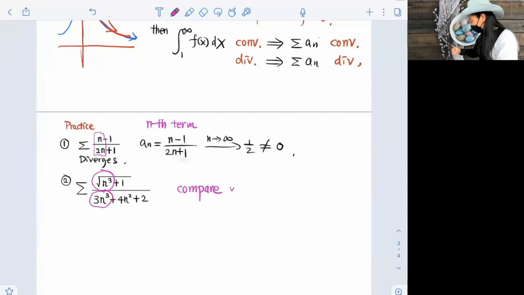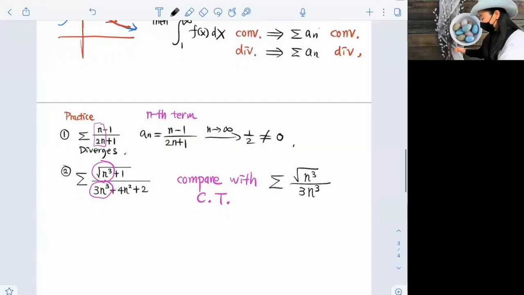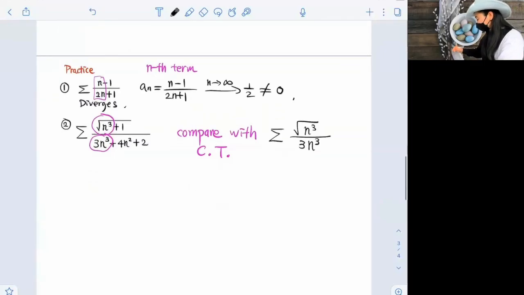Compare with which series do you think? You take the dominating term, so square root of n cubed over 3n cubed. You just compare with that one. The comparison test. And then you can finish it, but at least you know which test to use.